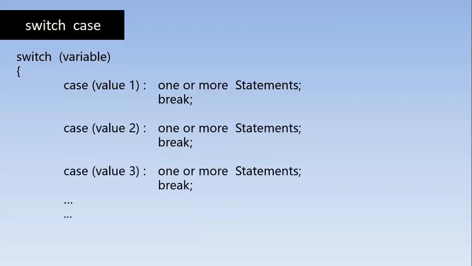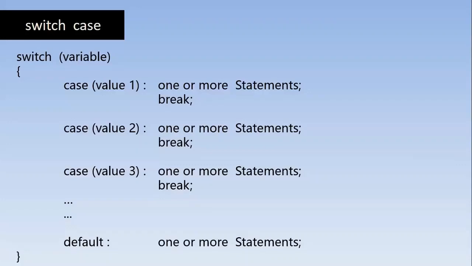If none of the values match the variable, then a default set of statements, put below all the other case values, is executed for sure. This is how the switch structure looks.